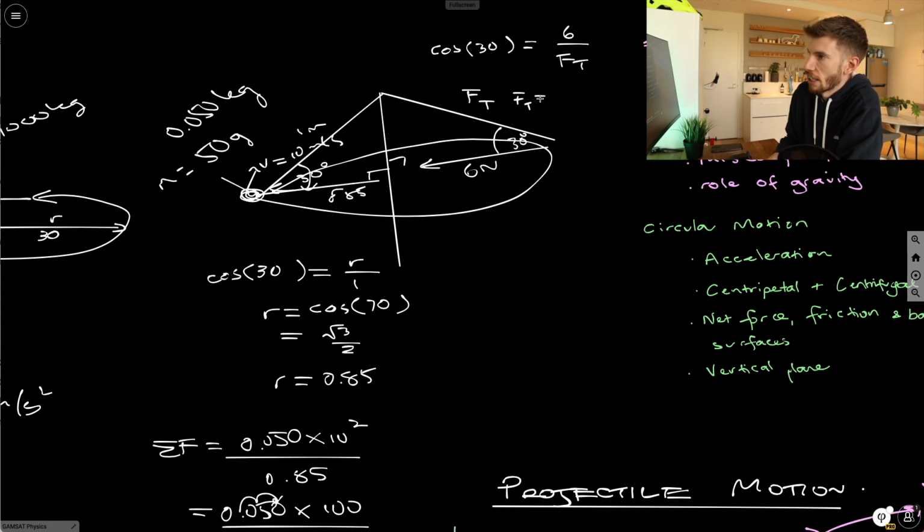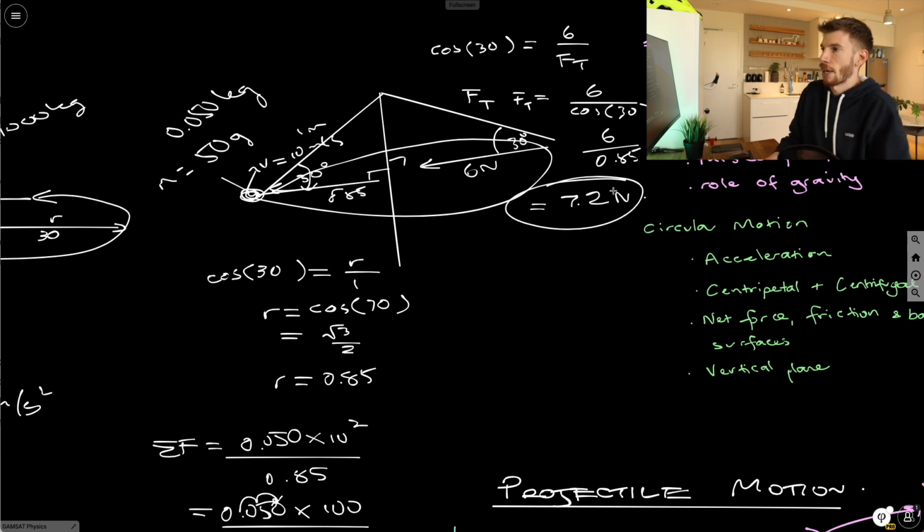Therefore the force of tension is 6 over cosine of 30. The question says cosine of 30 is around 0.85, and so 6 divided by 0.85 puts me up to around 7-ish. I'll say 7.2 maybe. It's multi-choice, so it wouldn't really matter. And there we've got the tension in the wire.